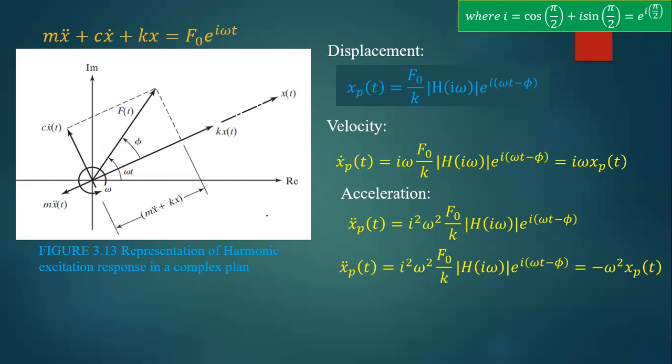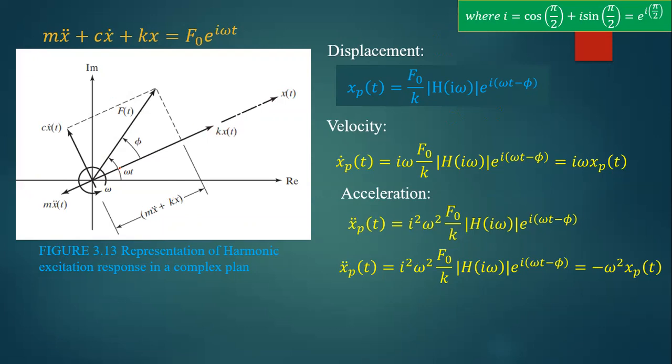On the real axis, k times x of t, that is the force due to the elastic modulus or the stiffness of the material, will be represented here along the x.